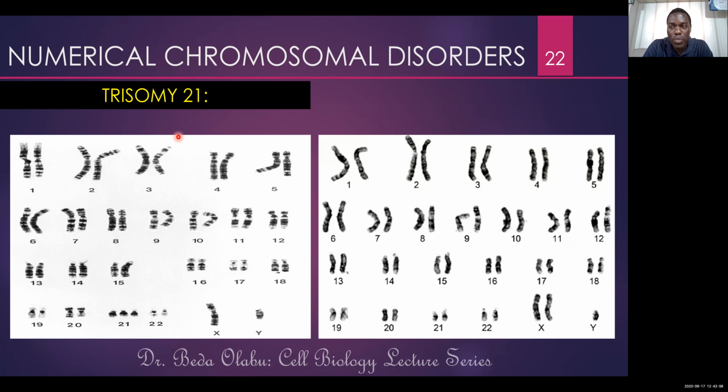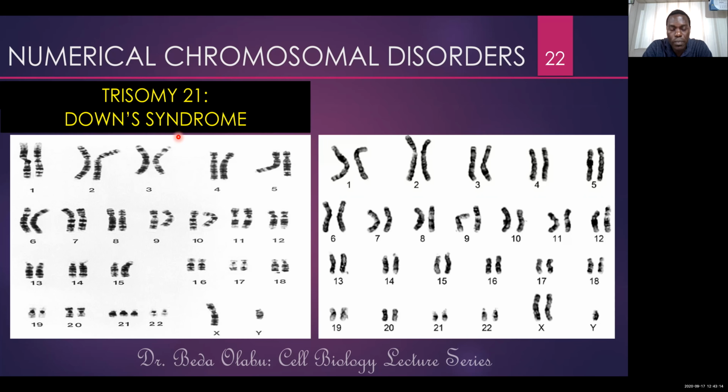Someone with trisomy 21 is someone with Down's syndrome. You've agreed with me that when you are trisomic, you have 47 chromosomes in total. We are making an assumption that the trisomic one is only affecting one chromosomal pair.